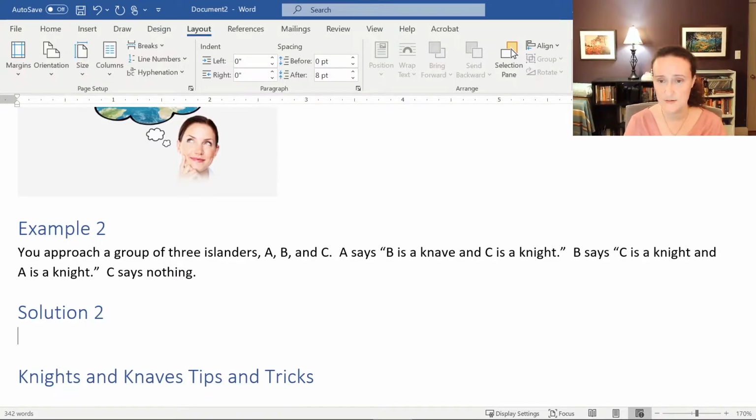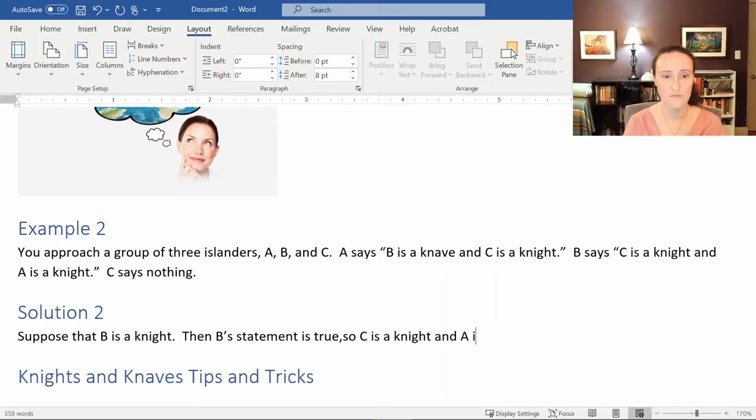So let's see what happens. Suppose that B is a knight. Now I've entered my hypothetical universe and I'm going to investigate and see whether I think this is the real world. B being a knight means that B's statement is true, so I'll go ahead and write B's statement. Okay, B has told me that A is a knight.